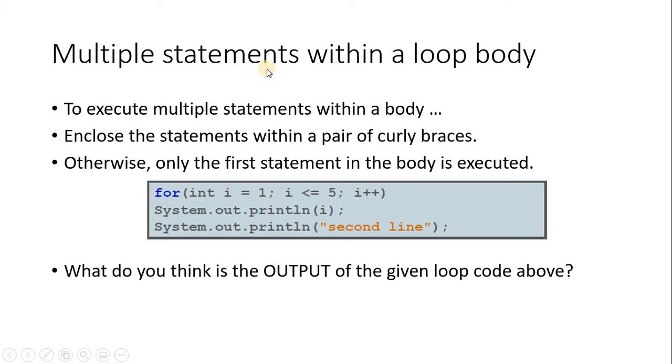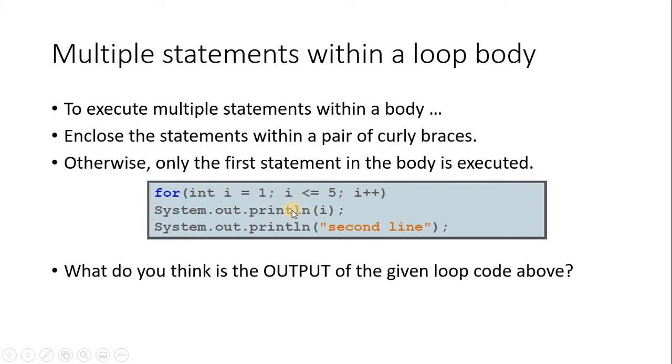If you have multiple statements in the loop, for example, a for loop with the header and no curly brace open, but we have System.out.println printing the i variable, and another statement to print a second line. What will happen? If there is no curly brace or body block, the for loop is going to take the first statement only.